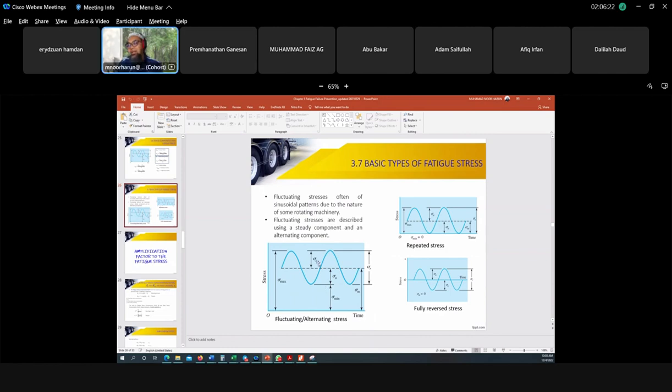So kalau tak ada alternating, just one single load. Okay, just one single load. So it means that just one from stress, kita akan just satu line je lah. Macam ni. Ini value dia. Single load, macam mean stress lah.